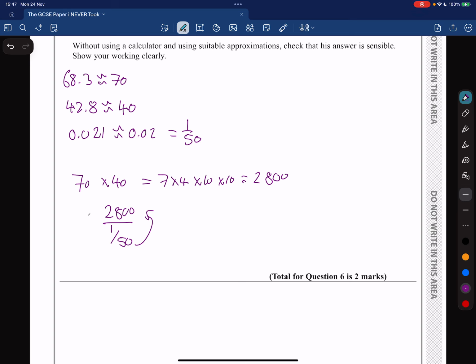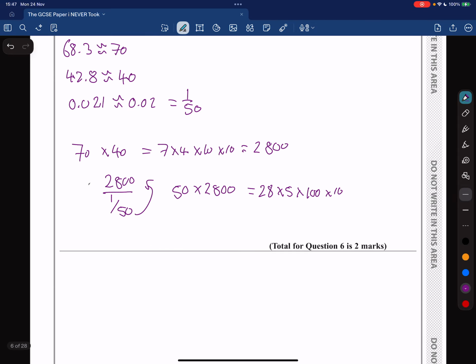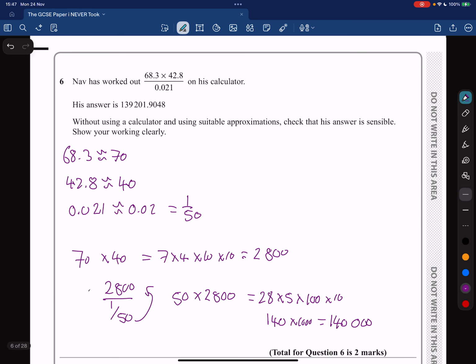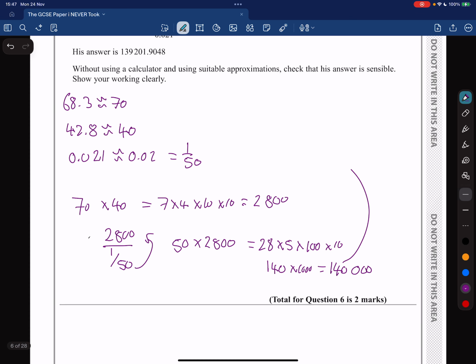This goes to the top, so we have 50 times 2,800, which I'm going to just say is 28 times 5 times 100 times 10. 28 times 5 is 140 times 1,000, equal to 140,000. Okay, let's check his answer. So that's his answer. The answer is sensible.